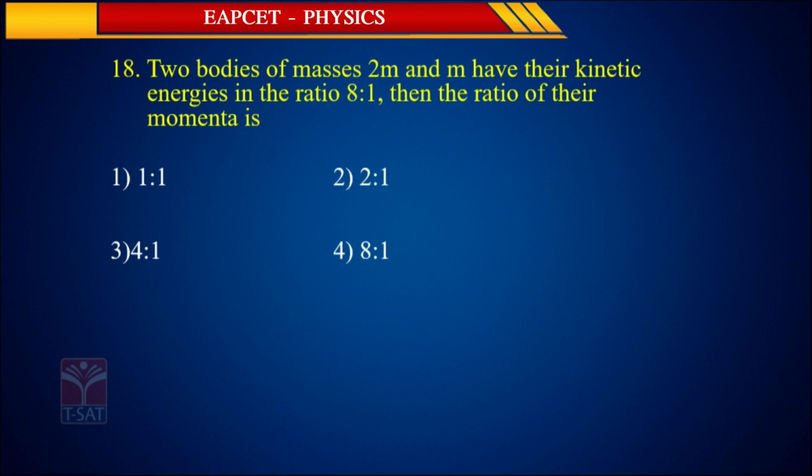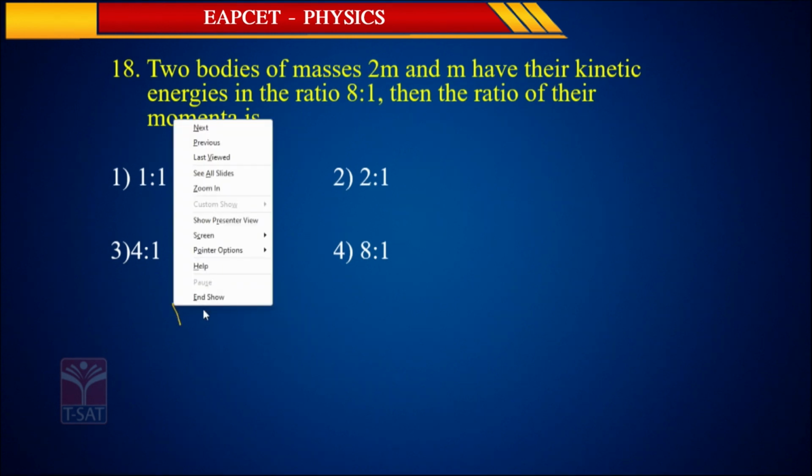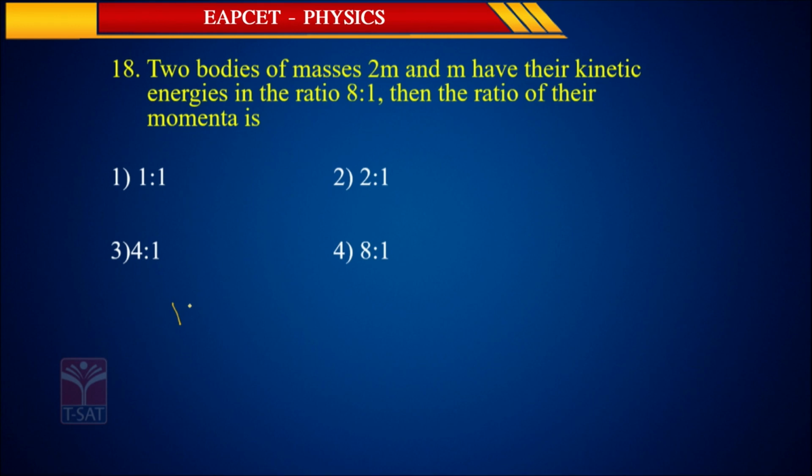Okay children, you know the relation between kinetic energy, mass and momentum. Kinetic energy is equal to p square by 2m, this is the formula.